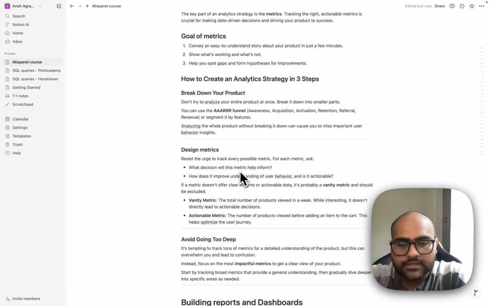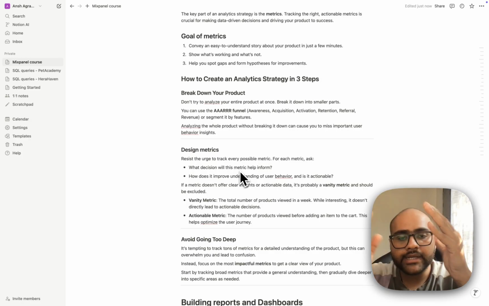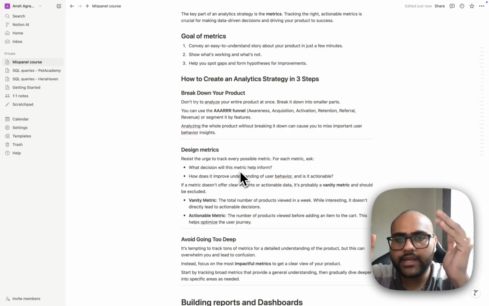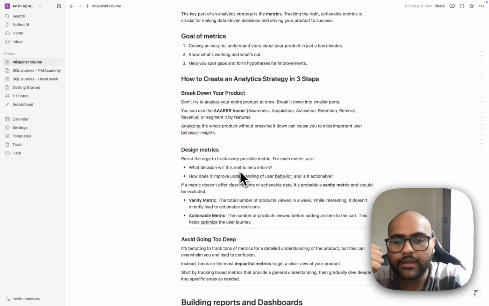But the idea is, it just overwhelms you and leads to confusion, so you need to be very focused on tracking the right amount of metrics, and trusting your gut on whether something is important or not. You need to prioritize, and focus on the most impactful metrics to get a clear view of your product.